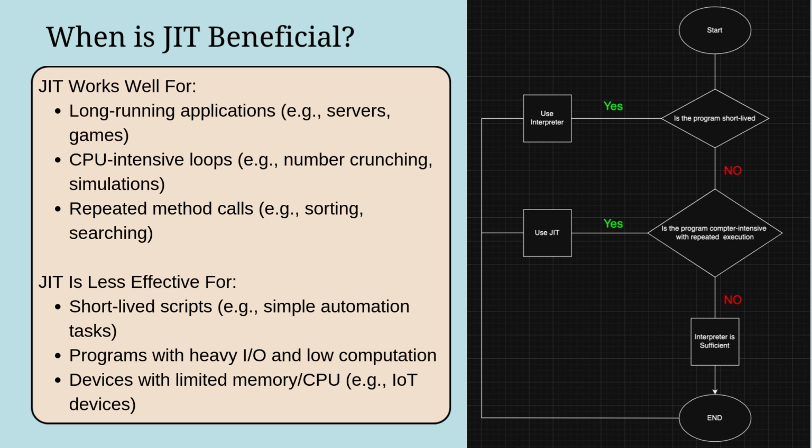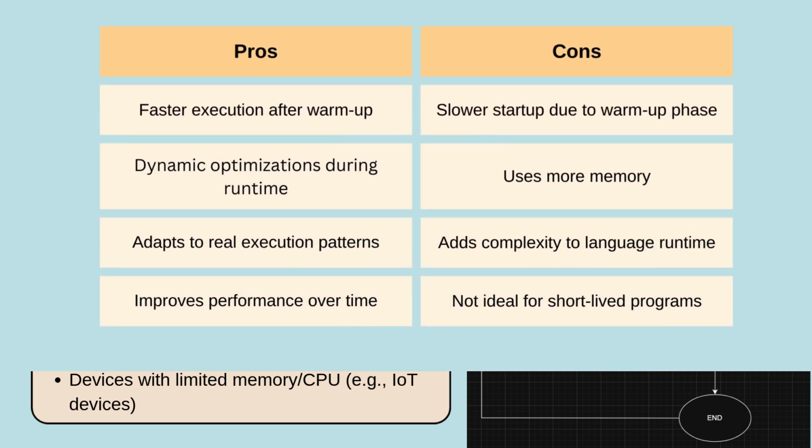And if you are on low-power devices like microcontrollers or old phones, JIT's extra memory and CPU usage could even hurt the performance. So, in summary, JIT shines in long-running CPU-heavy programs, but for quick scripts or I/O-based apps, it may not be worth the overhead.